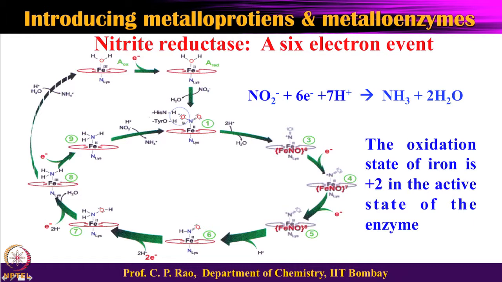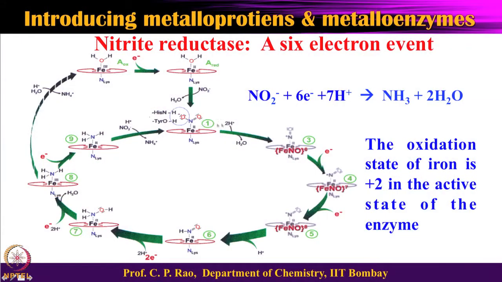Because of these secondary interactions with the histidine and tyrosine, the NO bond is stretched further, and that favors the breakage of this O in the presence of two protons as water. What you get then is a nitrosyl kind of species, and this species has a number given, FeNO6. This has nothing to do with 6 or 6 plus anything; it is a species label which is computationally derived.